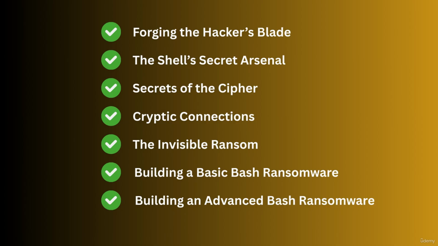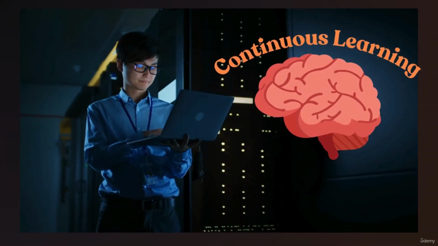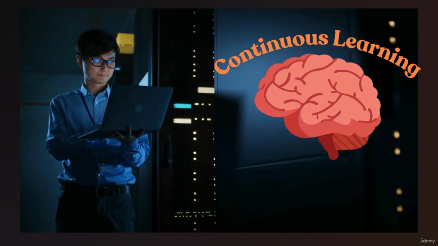Also the invisible ransom, where we talked about ransomware; building a basic bash ransomware; and lastly building the advanced bash-based ransomware. This knowledge is powerful and I encourage you to use it responsibly. Cybersecurity is about continuous learning and staying ahead of threats.